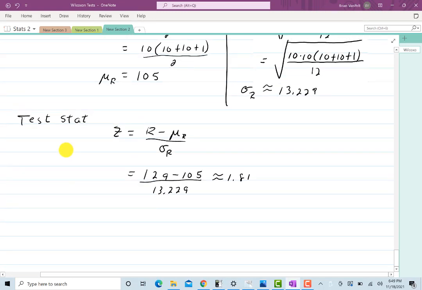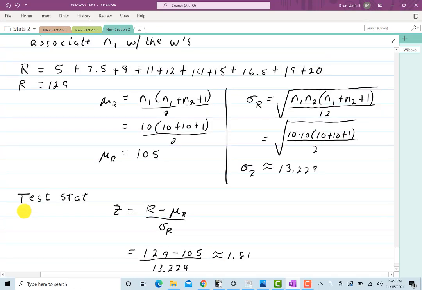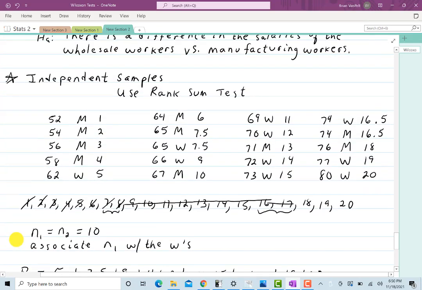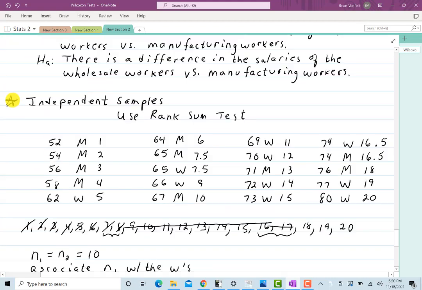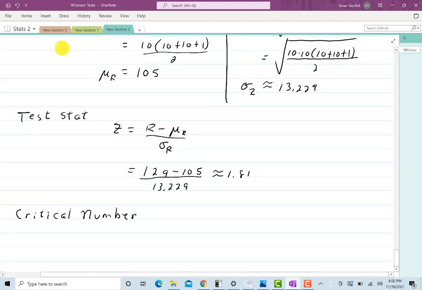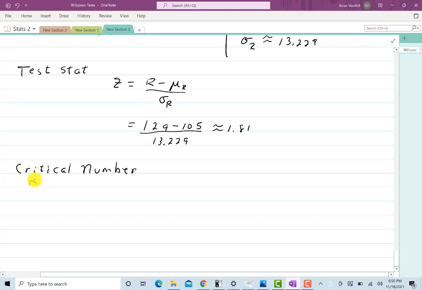Now let's get our critical number. This was a two-tailed test. Let me see what alpha originally was. Alpha was originally 0.10. So alpha equals 0.10.